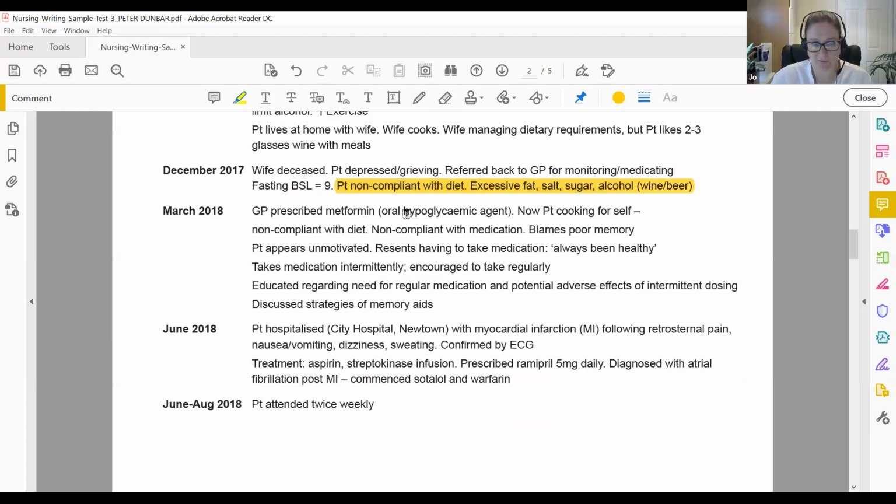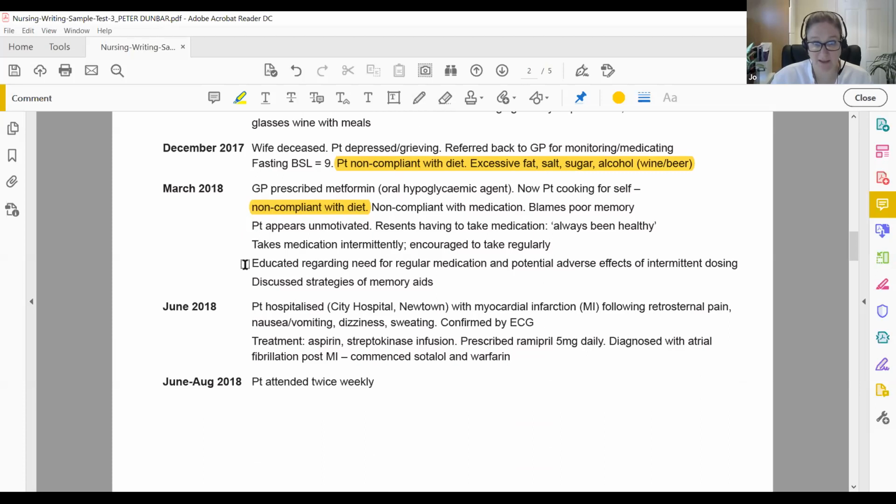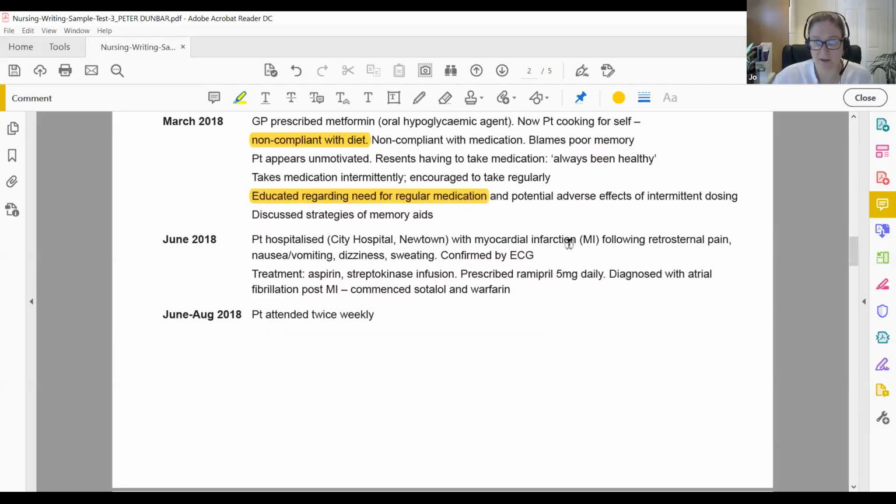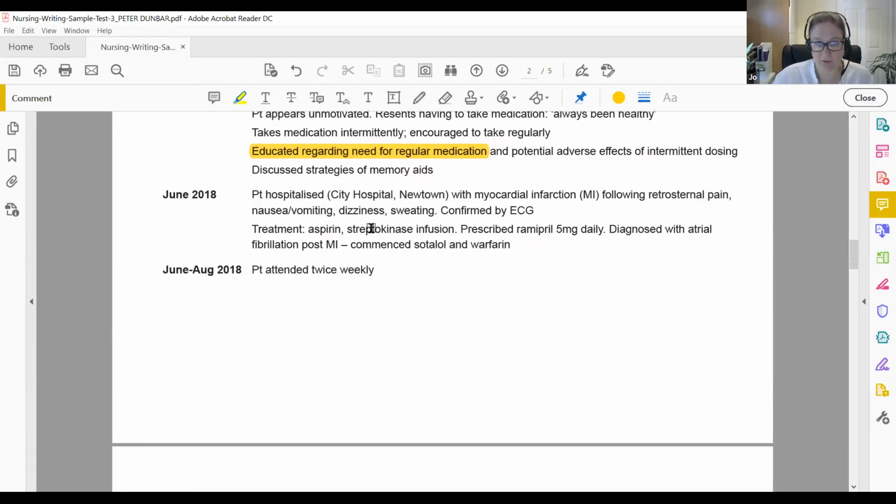Obviously, that's when he was diagnosed, his oral hypoglycemic agent. Still non-compliant with the diet, blames poor memory. He was educated on the need for regular medication. Then he was hospitalized. He had a myocardial infarction. And yeah, he was also given some extra medication and diagnosed with atrial fibrillation.